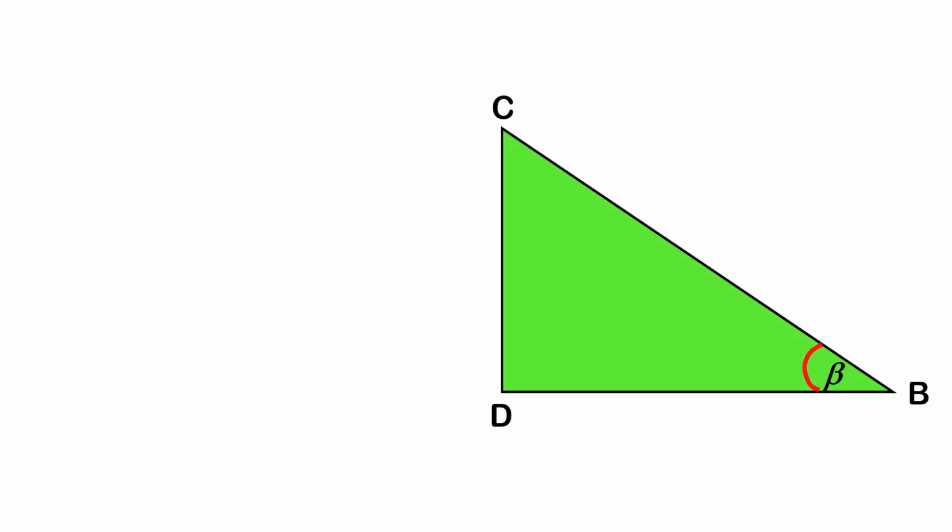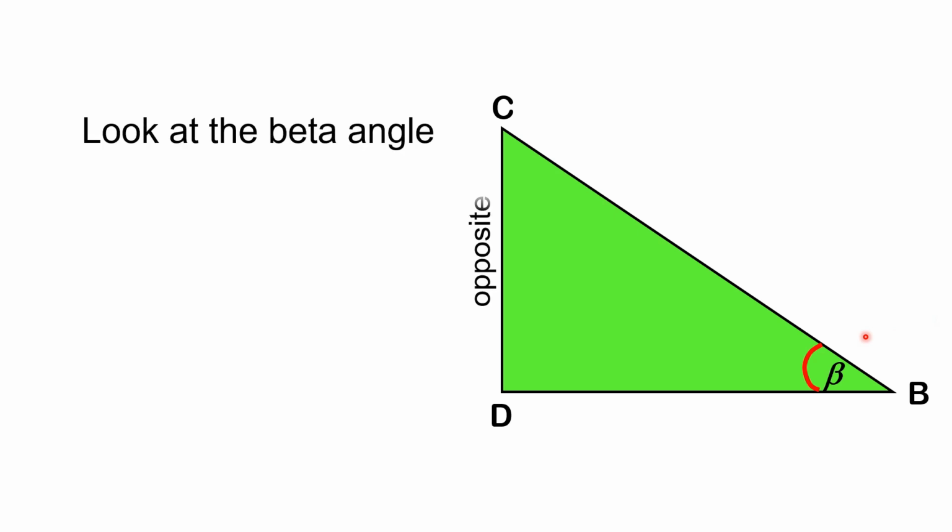Next, let's look at the other right triangle. The angle that is still intact is angle beta. Viewed from angle beta, side CD is the opposite, and side BC is the hypotenuse.